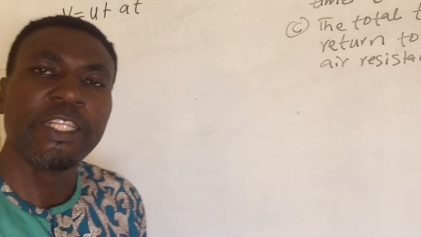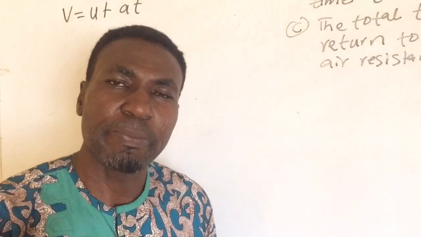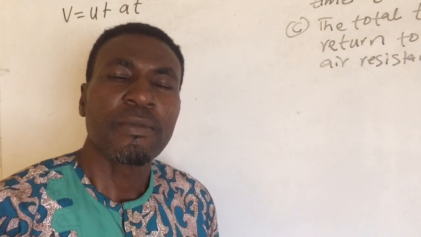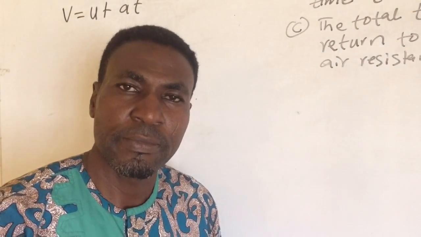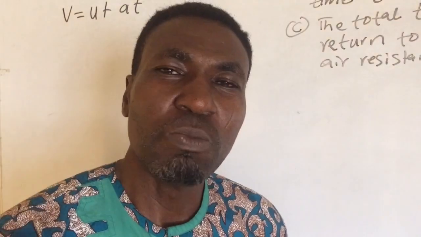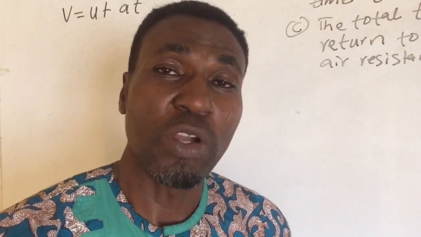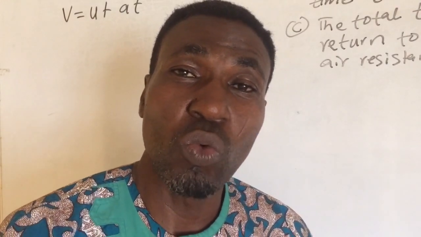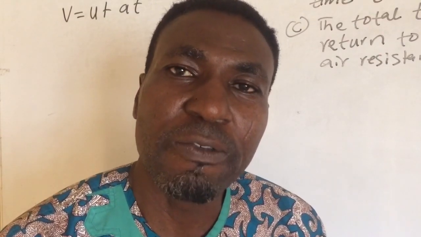You know, the cricket ball is thrown up. So in this aspect of calculation under gravity, the ball is going against the gravity. Since the ball is going up, acting against the acceleration due to gravity, the acceleration due to gravity which we will use in this calculation will be negative.